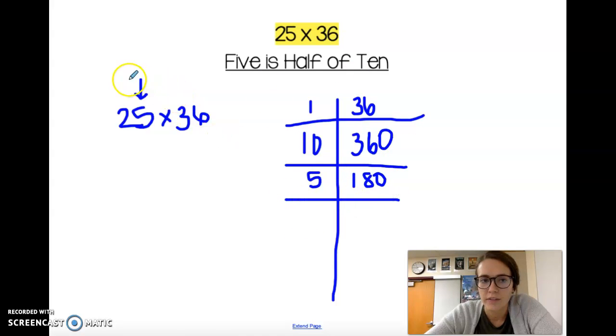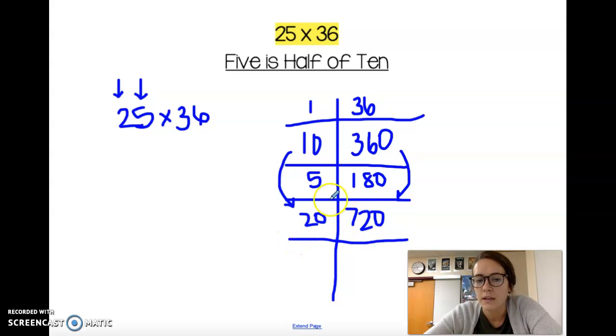All right, so I have the 5 part of this number. Now I need to find the 20 part of this number, and I can find that easily by doubling 10. 10 doubled is 20. So if 10 times 36 is 360, 20 times 36, and I doubled this, so I'm going to double this. And that is 720.